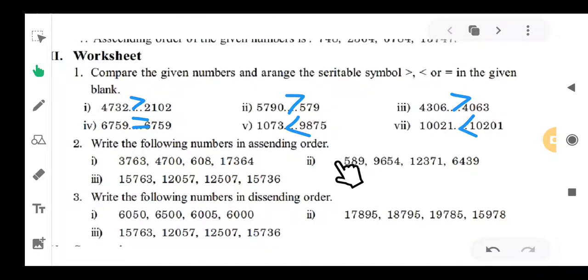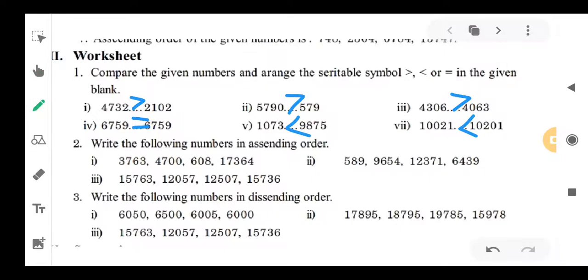So this is the smaller one. This one will become in the first place. After that this has also 4 digits. This also 4 digits, but this is 6,000. This is 9,000. So this is the smaller one than this. So second place for this and third place for this and fourth place for this.